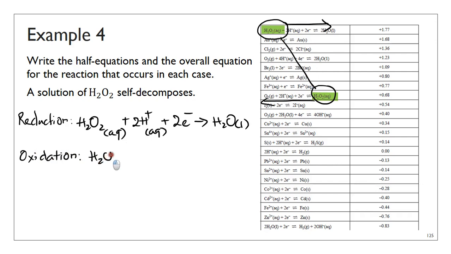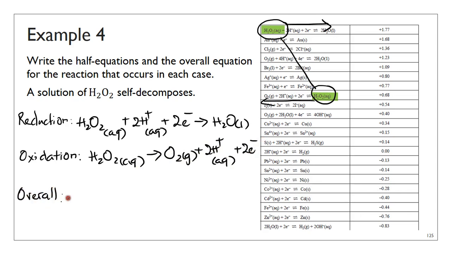So I have H2O2 aqueous going to oxygen gas, 2H plus, and 2 electrons. Once you add them together, the electrons are already balanced, so I don't have to do anything. You can also cross out the H plus, because it's 2 on the left and 2 on the right.